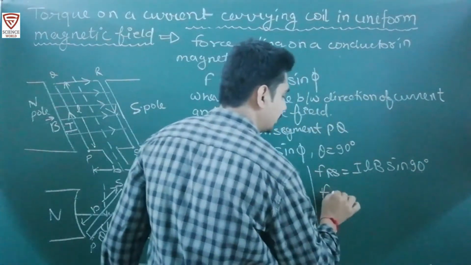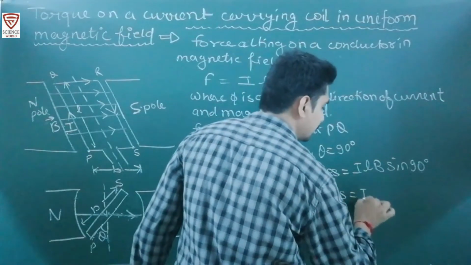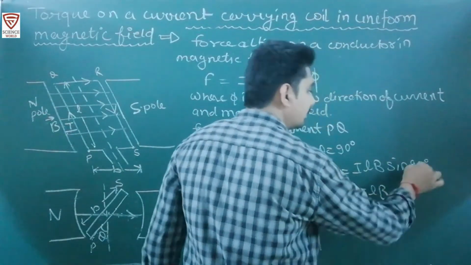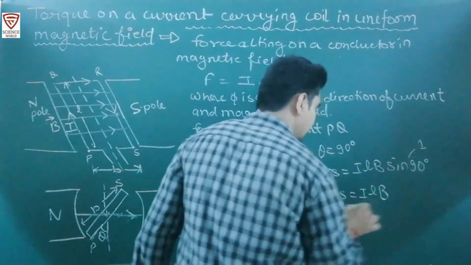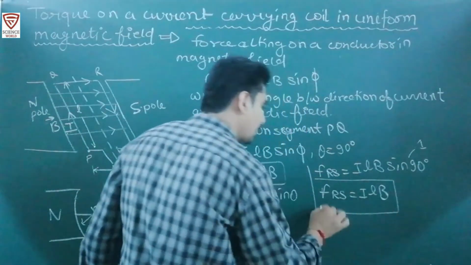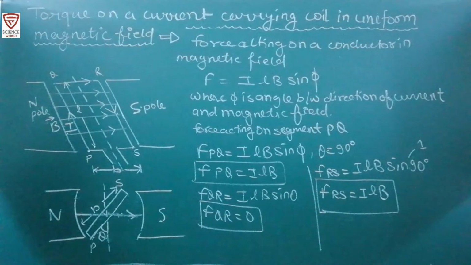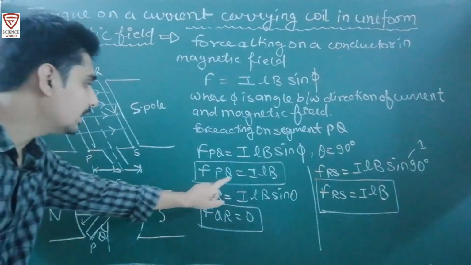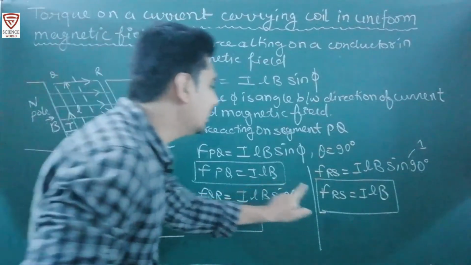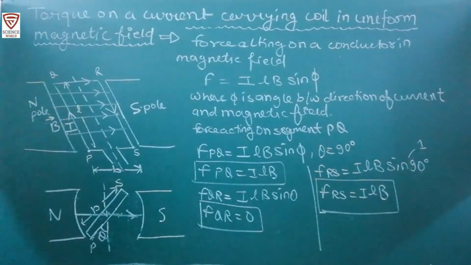So FRS will be equal to ILB, and the value of sin 90 is 1. So from these conditions you will see that the maximum force acting on the coil will be ILB in both the cases. So first note it down, then we will find how much torque will act on that coil.